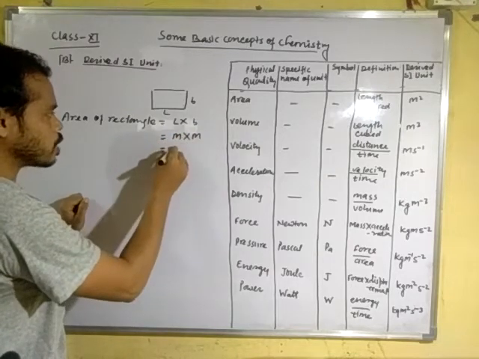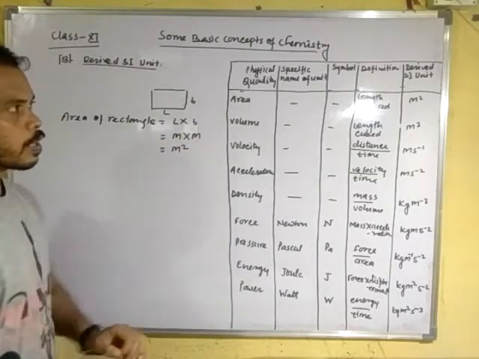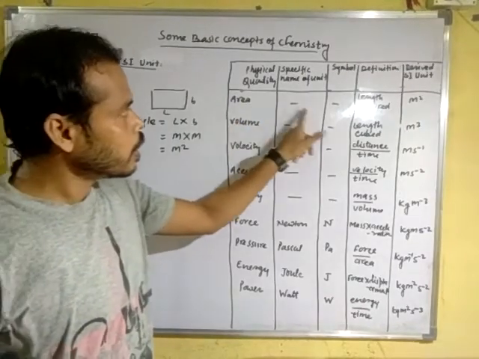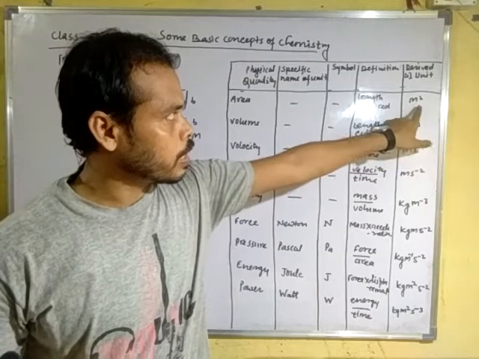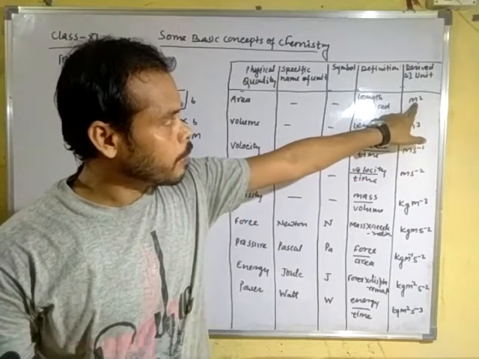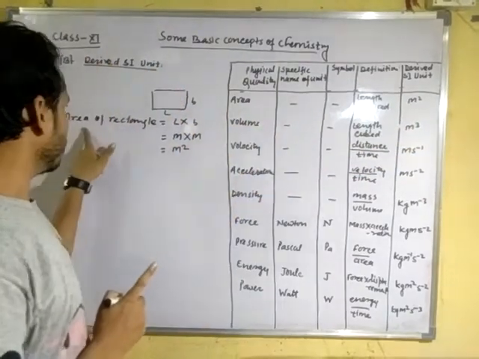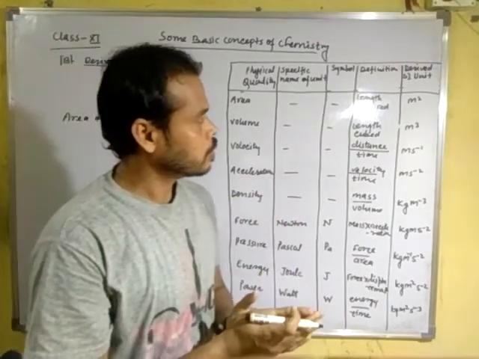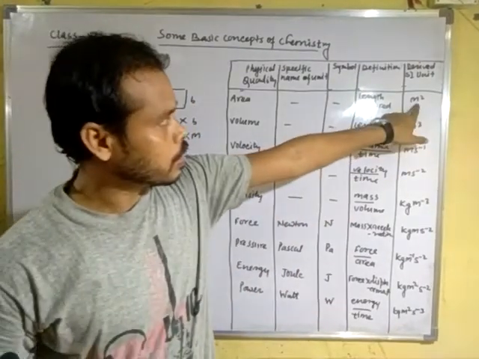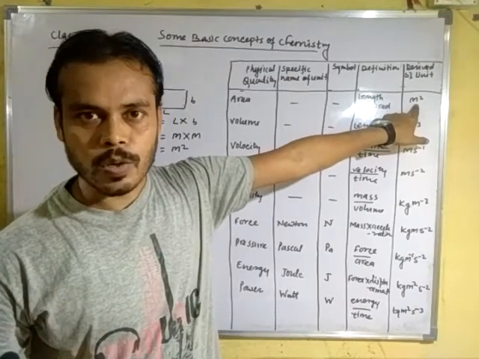So you can write it as meter square. Now you can see area is length squared, and the derived SI unit of area is meter square.